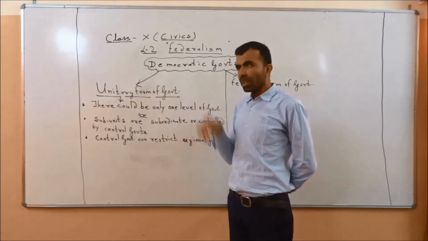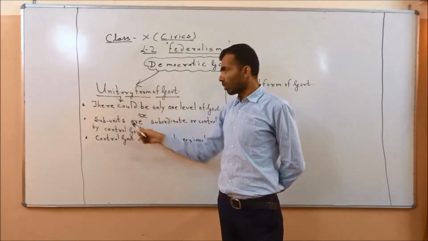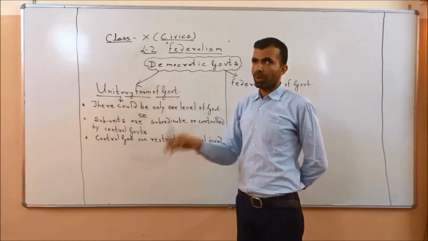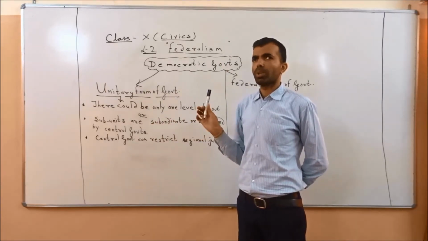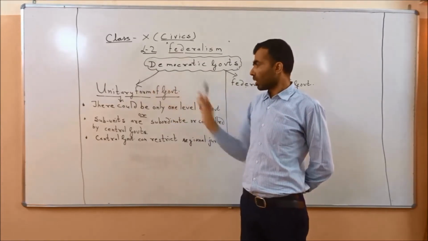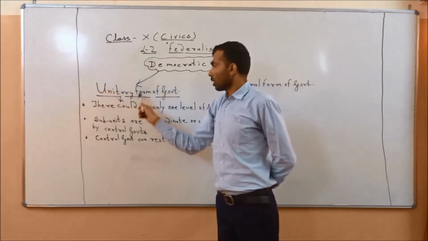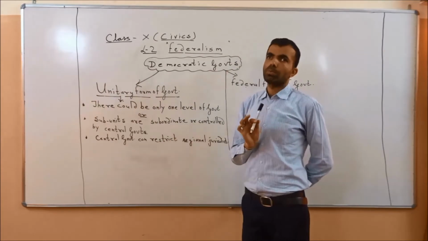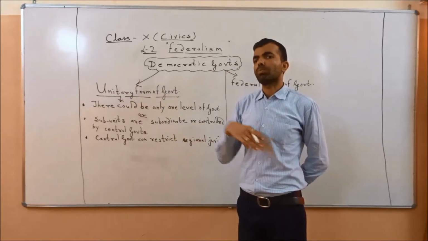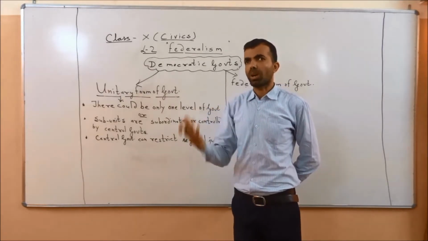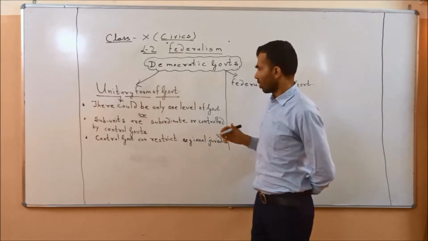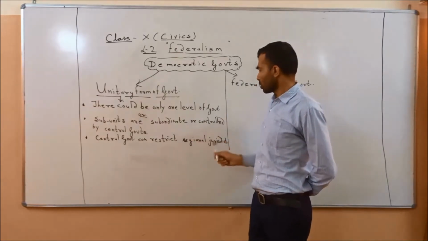If there are subunits, may it be for regional issues, local issues, or community issues, then in this type of setup they would be restricted. They would be extremely controlled by the union government or national government. So what kind of restrictions could there be?